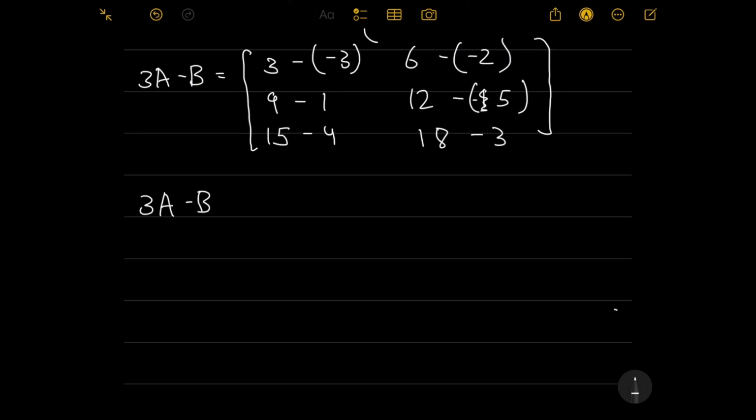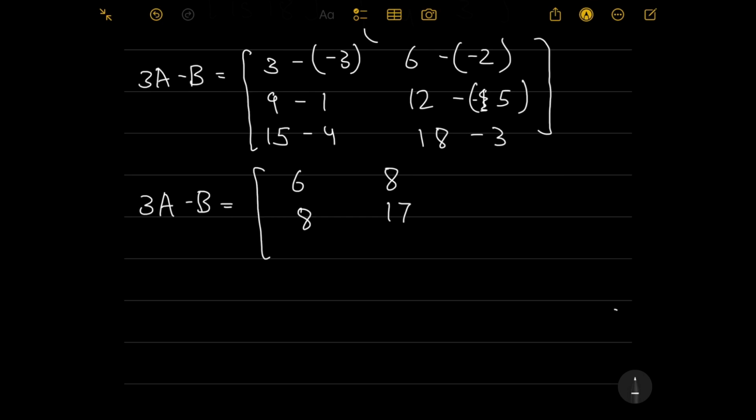So 3A minus B would equal 6, because minus minus is plus, and then this is 8. So 8, then 8, minus minus would add this 12 and 5, which would result in 17.